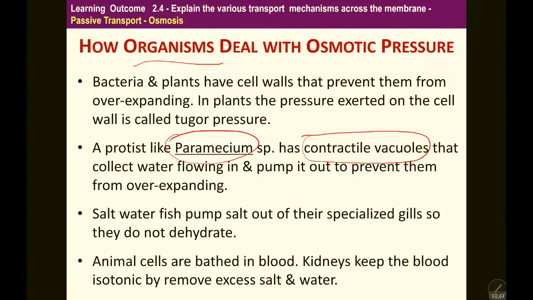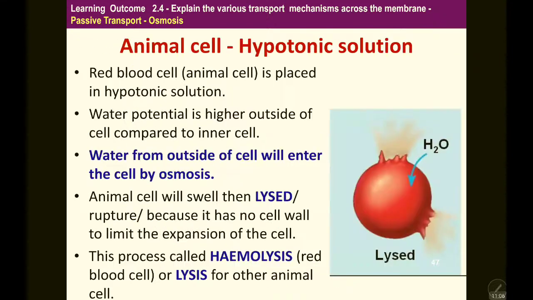When there is excess water, they pump it out to prevent overexpanding. Saltwater fish pump the salt out through specialized gills so that they do not get dehydrated. Animals like us have blood and kidneys to help keep our blood isotonic, removing the excess salt and water from our body.